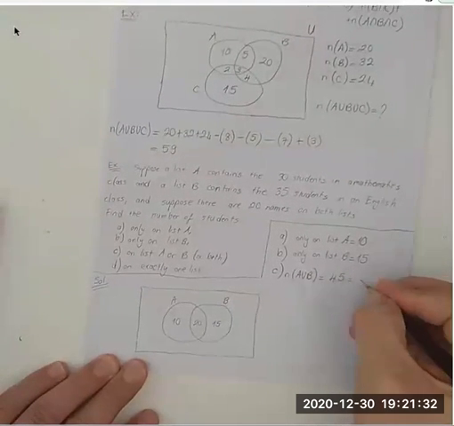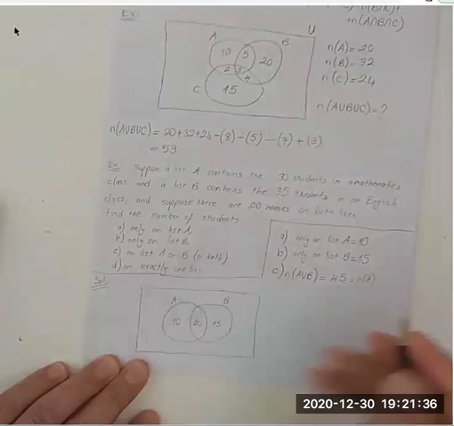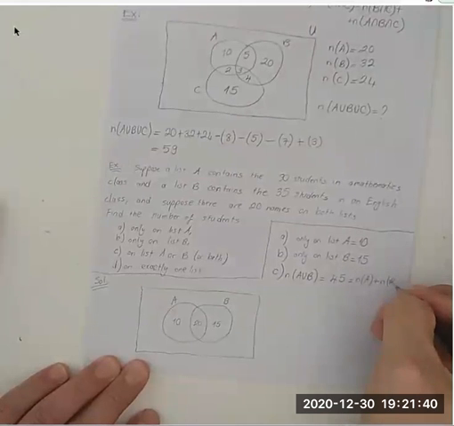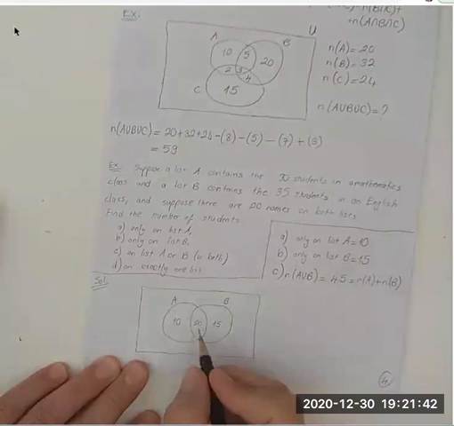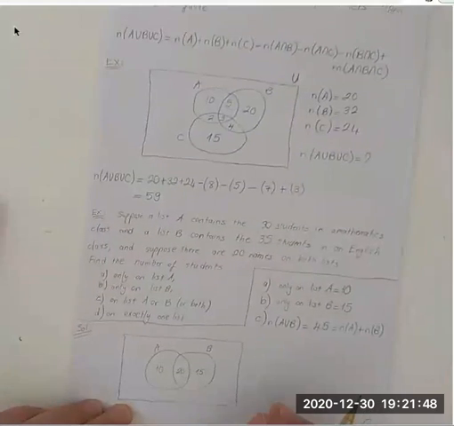But here we have two sets, and then you will make 30 plus 35 minus 20, which is equal to 45.